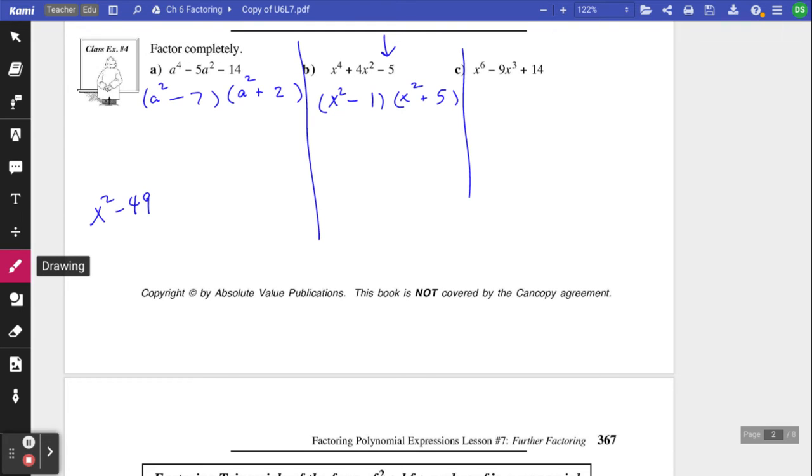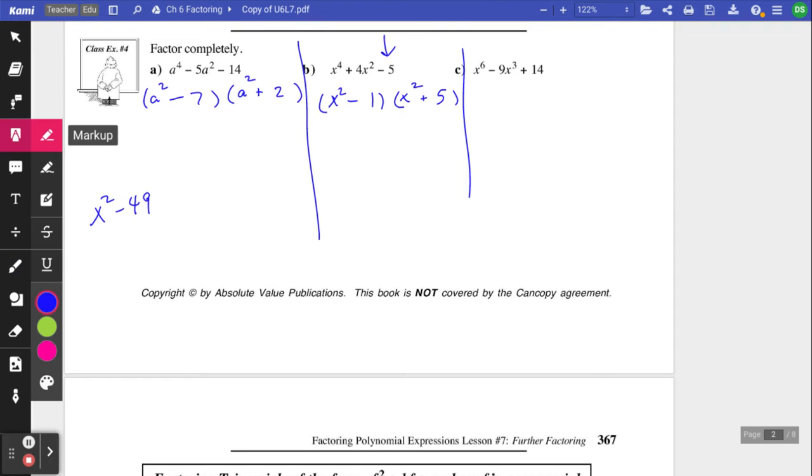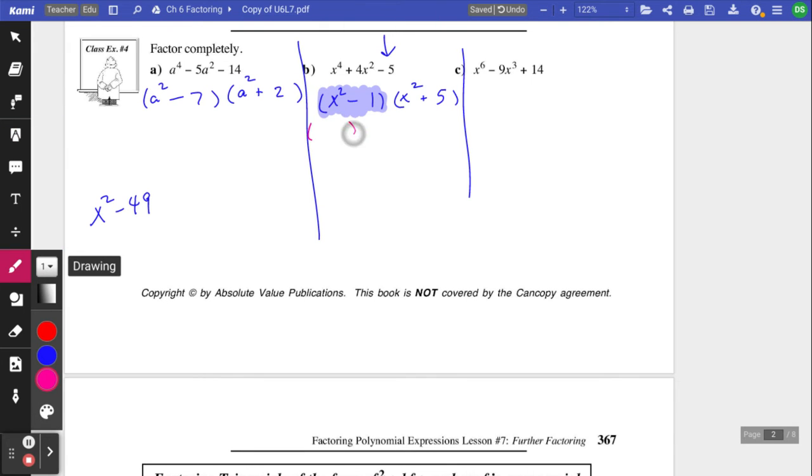So if one is a perfect square, if you just look at this bracket, if that was the only one you had in the question, and I said factor it, what would you do with it? Would you go x minus 1 and x plus 1? Yeah. And then you'd copy down the x squared plus 5 because it is not able to be factored further.